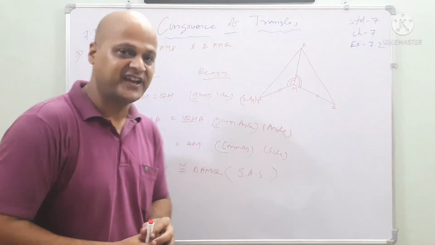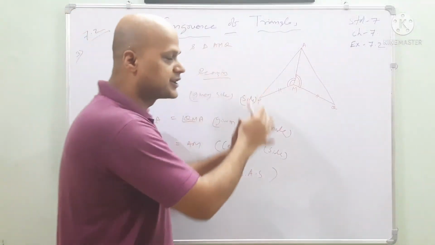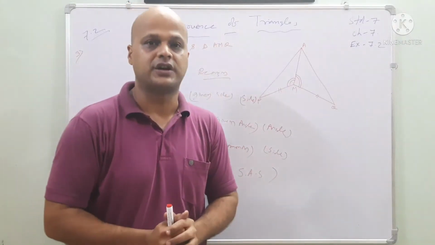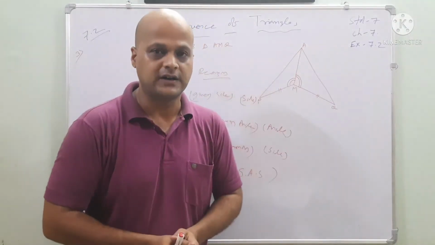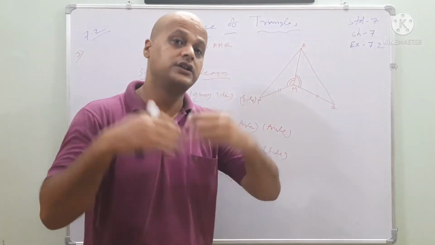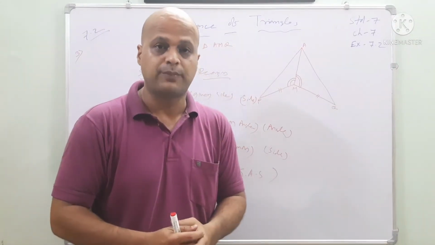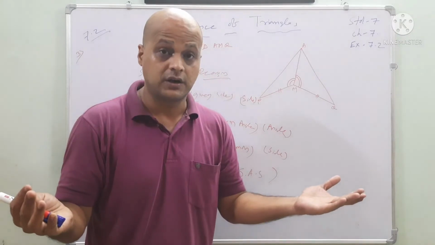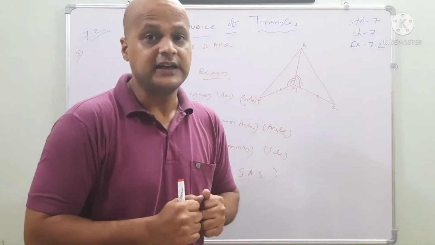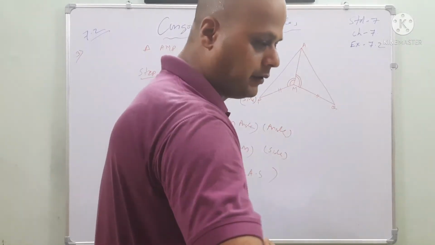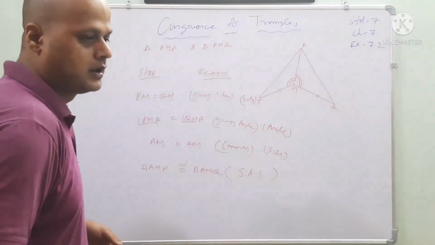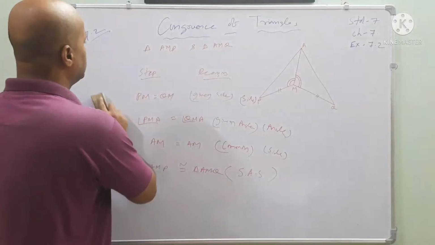How easy it is, okay? But you have to be concentrated. You have to observe the picture in a very careful manner and observe the two triangles, and you will find the answer and how the triangles are congruent with each other by following which condition, very easily. Okay? Now, I will go for the sixth one.